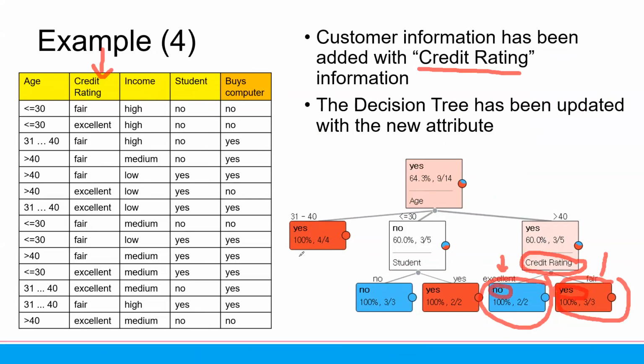Then you can see this one. Now it is perfectly distinguished. So if you can get this kind of tree, it means this is the best tree.